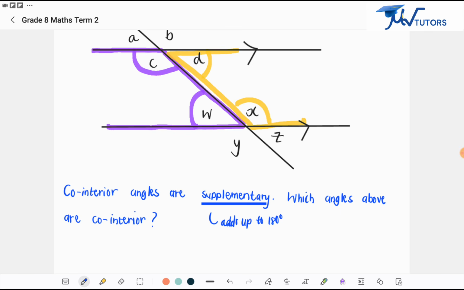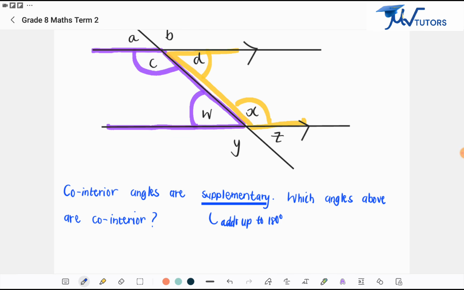As you continue with maths, you will hear complementary. Okay, complementary meaning it adds up to 90 degrees. All right, but now we're going to focus on the term supplementary. Even angles on a straight line, like we said initially, angles on a straight line are supplementary. They add up to 180 degrees. All right, so even here with co-interior angles, angle C plus angle W will be equal to 180 degrees.